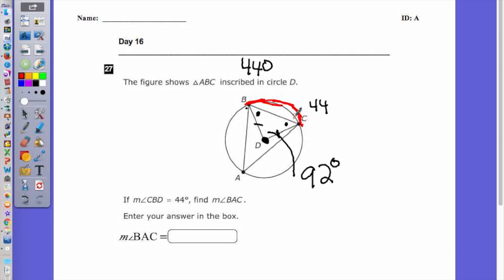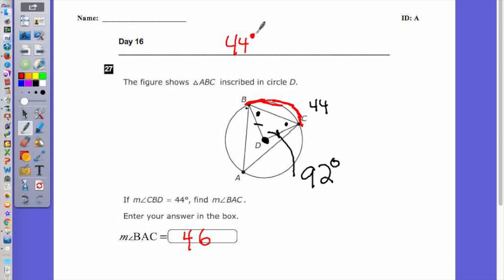So 1/2 of 92 is 46. That's 44 degrees, sorry. I started using the degree symbol to differentiate when I'm talking radians versus degrees.